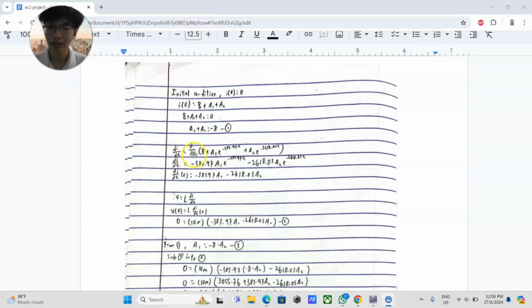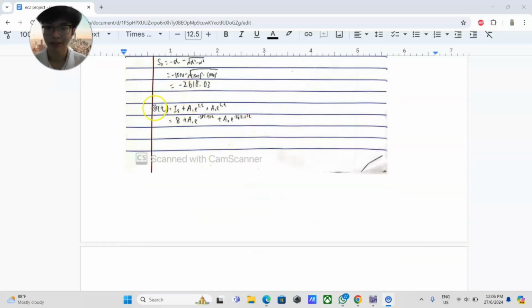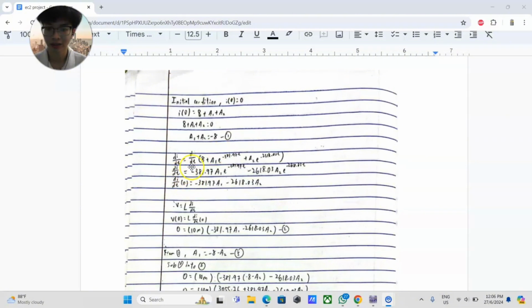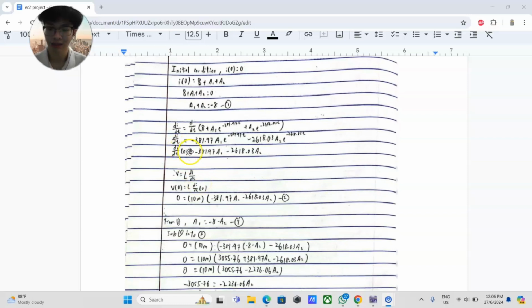Then what is di/dt? It is d/dt of the i that we got. We differentiate it, get this equation, and substitute the initial condition t equals 0, and we get negative 381.97 A1 minus 2618.03 A2.